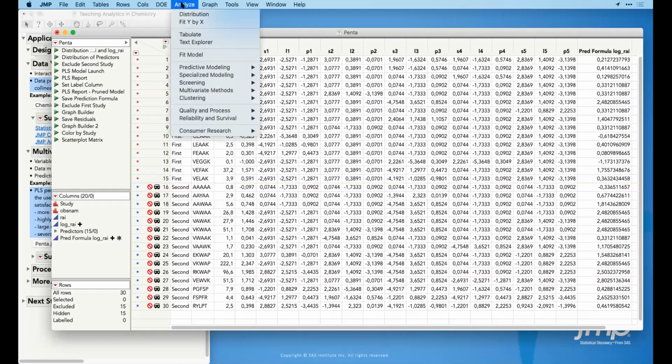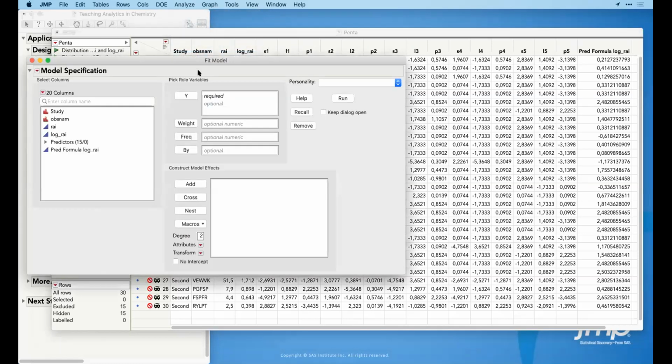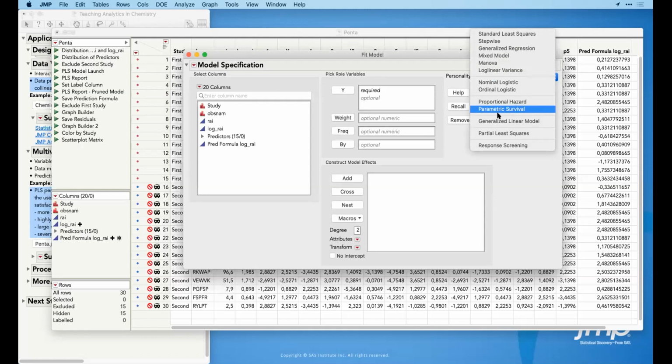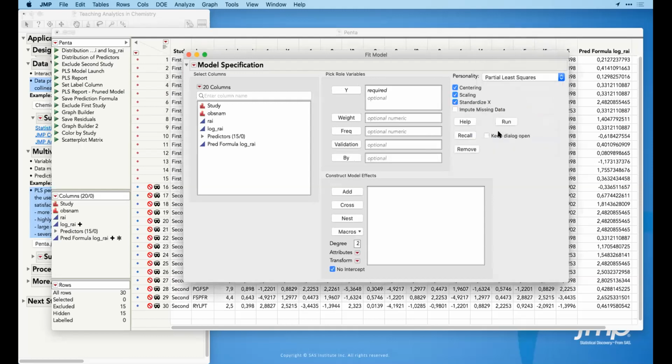This modeling can be done using Fit Model. Because we have so many X's and just 15 observations, I choose partial least squares. The log version here is my response, and the predictors are added as model effects.